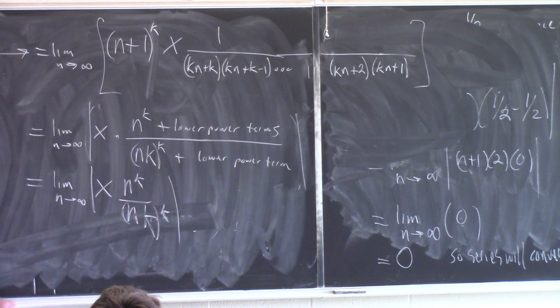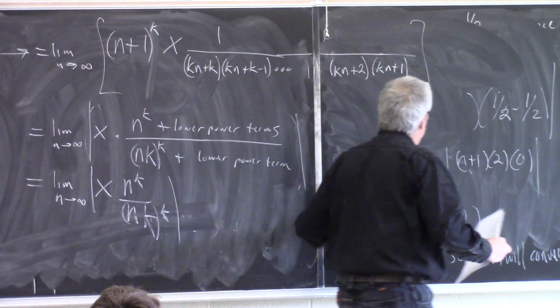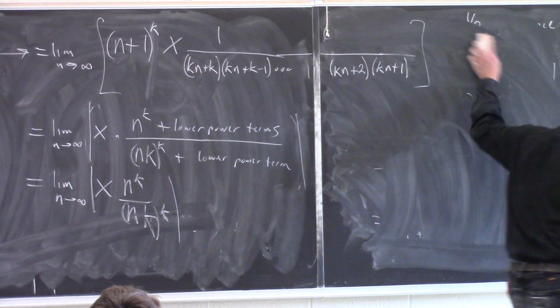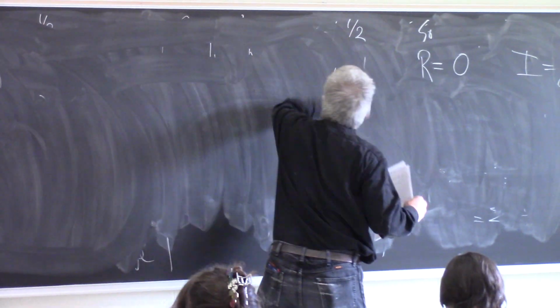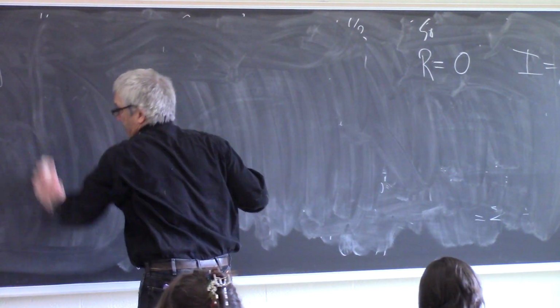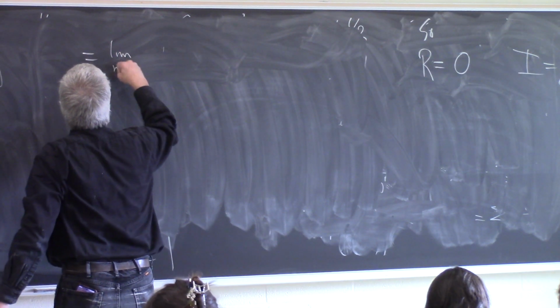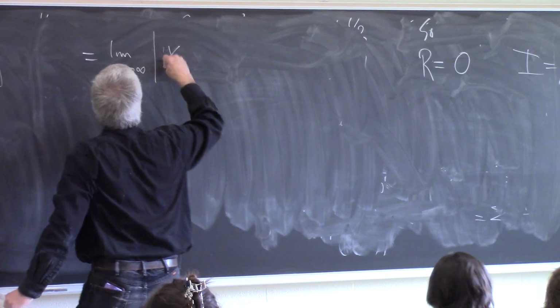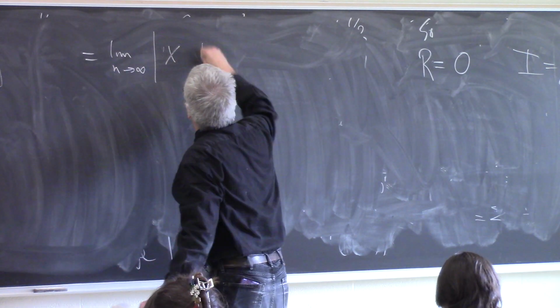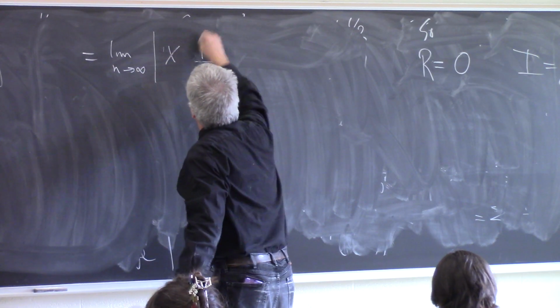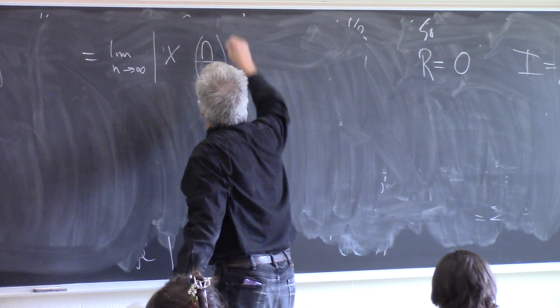And notice that everything's raised to the kth power, so let's put parentheses around it. So this is the limit as n goes to infinity of the absolute value of x times n over kn, all raised to the kth power.